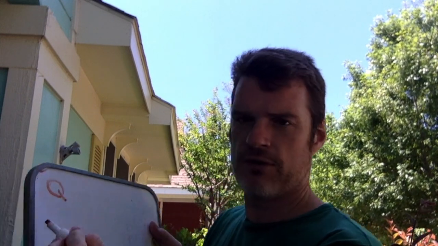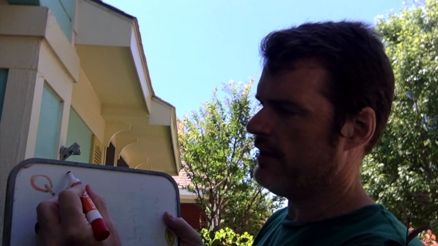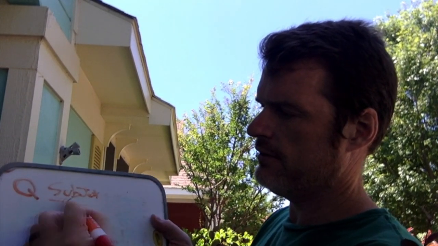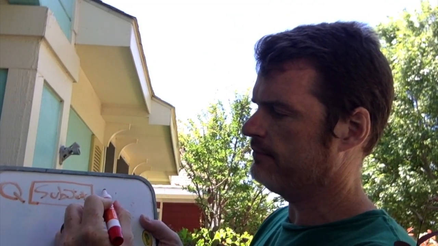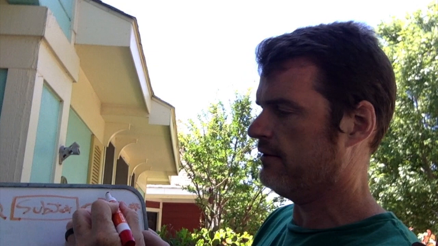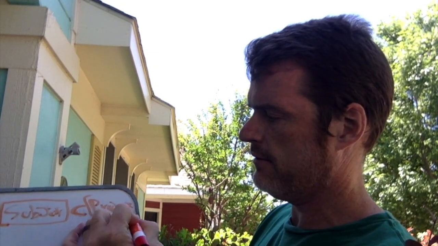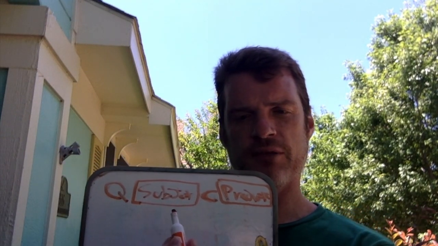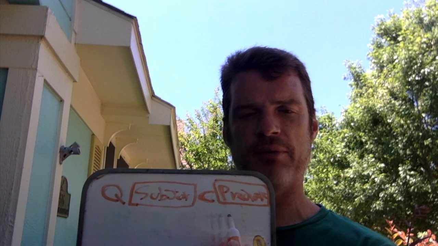So the categorical proposition is going to basically be made out of Q, which will stand for a quantifier, then the subject, then I'll just put C for copula, and then the predicate. So, categorical proposition, we have the quantifier, the subject, C standing here for copula, and then the predicate.